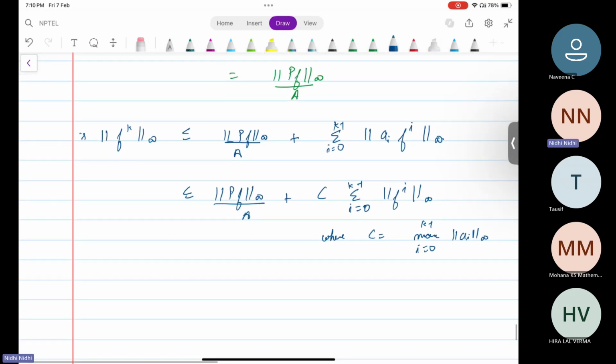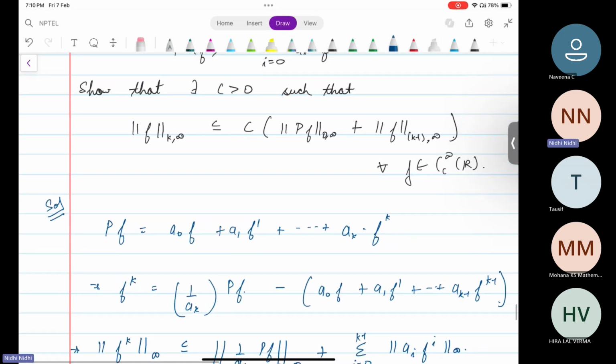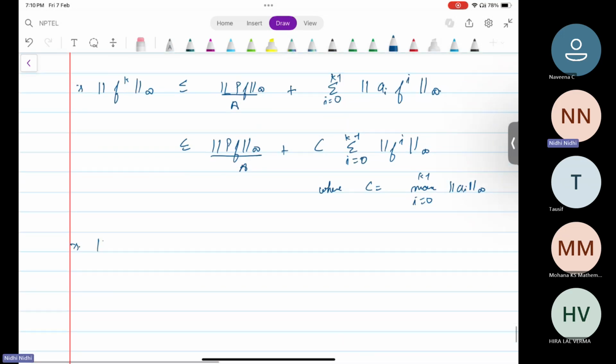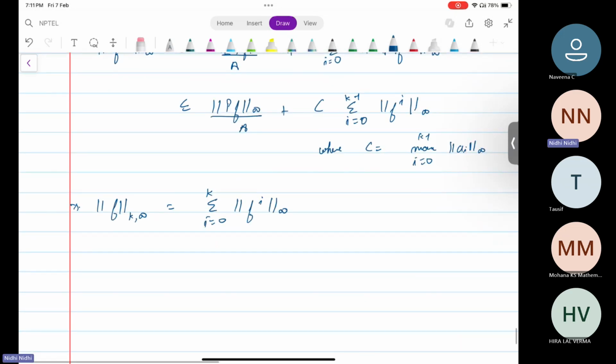Now this gives us, so what do we want? We want here the k infinity norm. This implies the k infinity norm of f, which is summation i from 0 to k of the infinity norm of f^(i). Now I can split this sum into summation i from 0 to k minus 1 plus the i equal to k term.